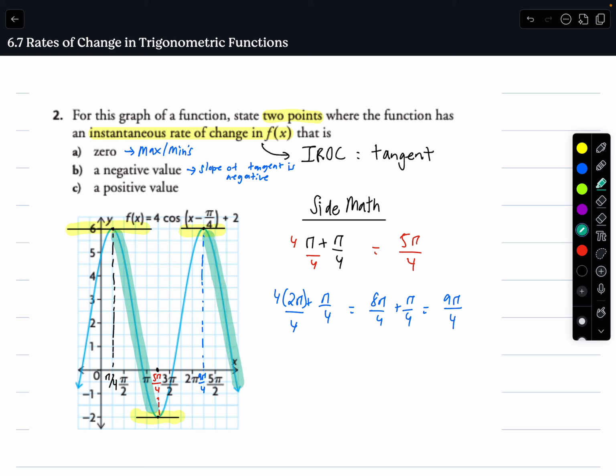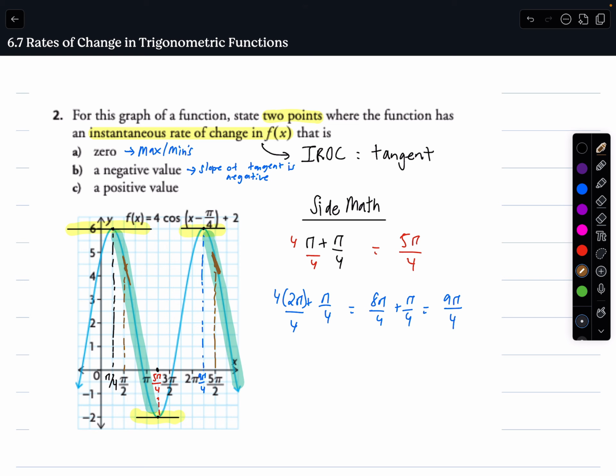So we could literally take a point anywhere on that graph. So I'll take, for example, the pi over 2 point, where that slope is negative. And I'll also take the 5 pi over 2 point, because that's where the slope is negative.